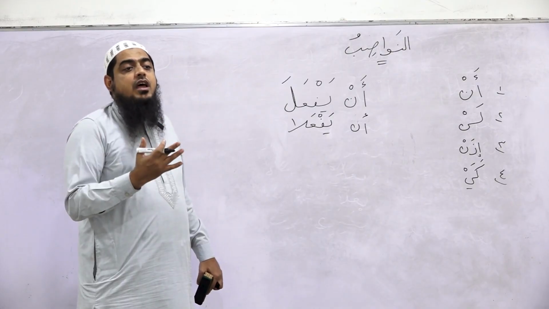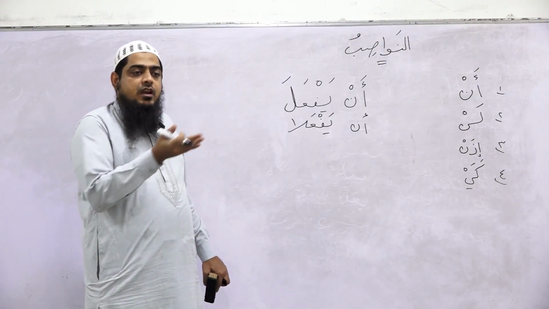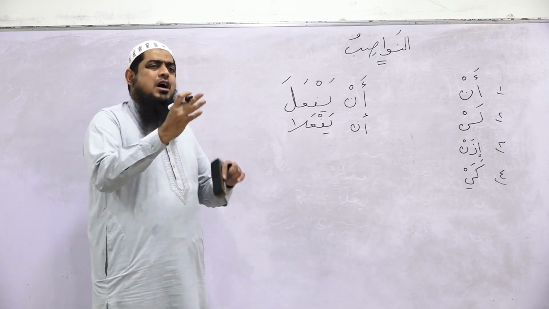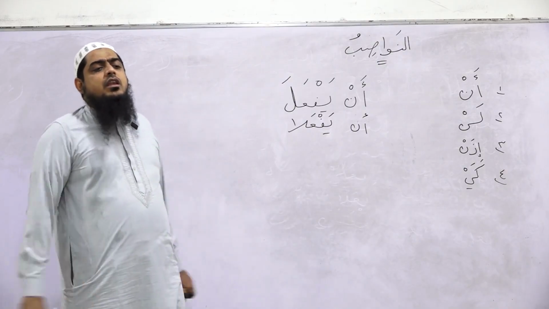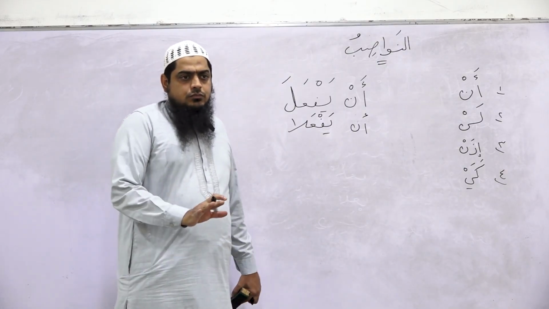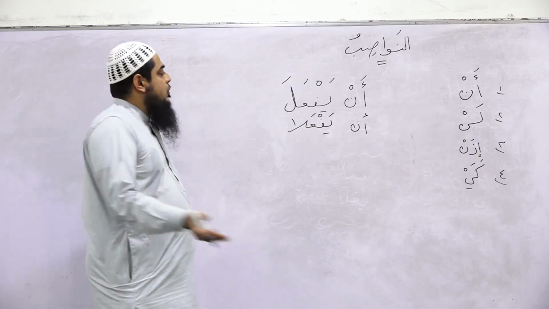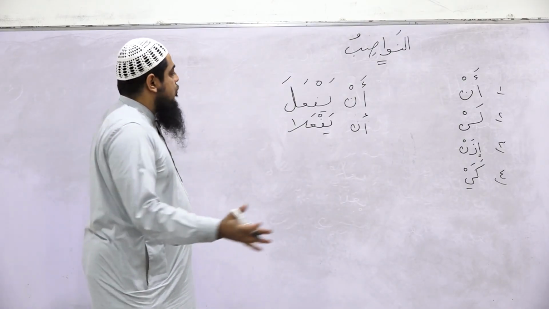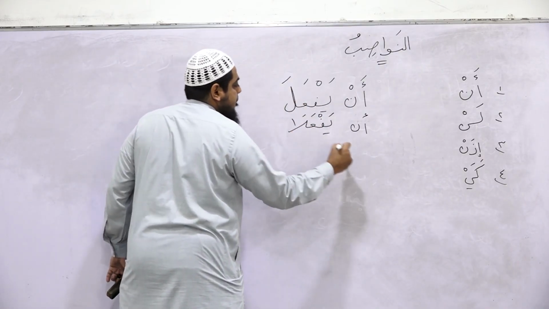These af'al al-khamsa will lose their noon when they come after nawasib or after jawazim. Whenever nasab or jazm comes, these five fi'ls will lose their noon. Because of that reason, we created a separate category. So yaf'alan is one of the al-af'al al-khamsa, so it will lose its noon. An yaf'ala.